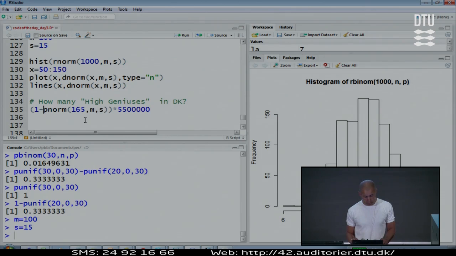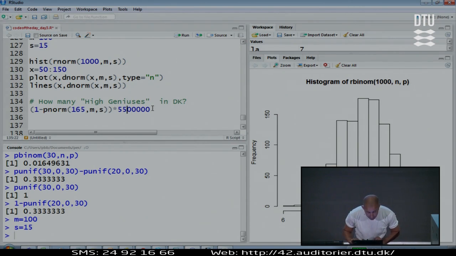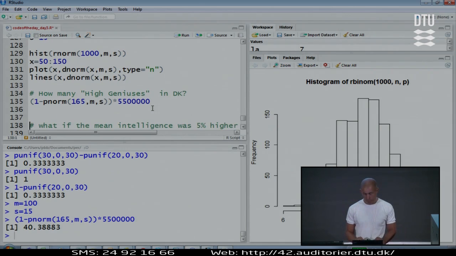I put that into the pnorm function. I say 1 minus, to get those to the right of 165, not to the left. I multiply, let's see if I have enough zeros here, 5.5 million. That's approximately how many we are. 40. You answered correctly, many of you answering my little test here.